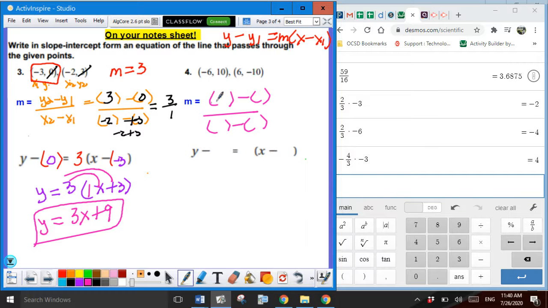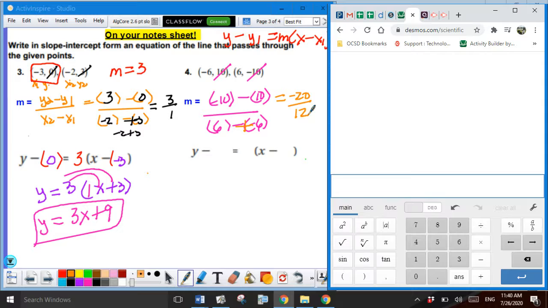So I'm going to start with negative 10 and my 10, and then 6 and my minus 6. So negative 10 minus 10, that's negative 20. And negative is positive, so 6 plus 6 is 12. So negative 20 over 12, that's not lowest terms.